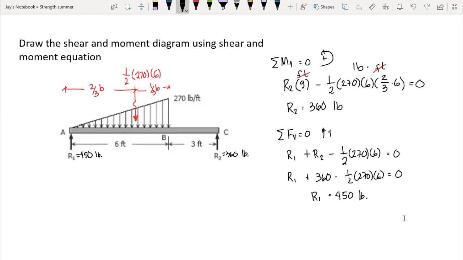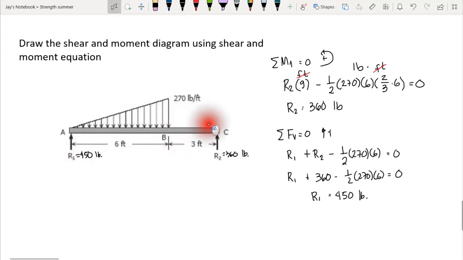And now we can proceed to the determination of the shear and moment equation. But first, let's decide where we are going to cut our beam. In this case, we know that our segment A to B is continuous. We do not have other distributed load here other than 270 pounds per foot, so we can say that A to B is continuous.